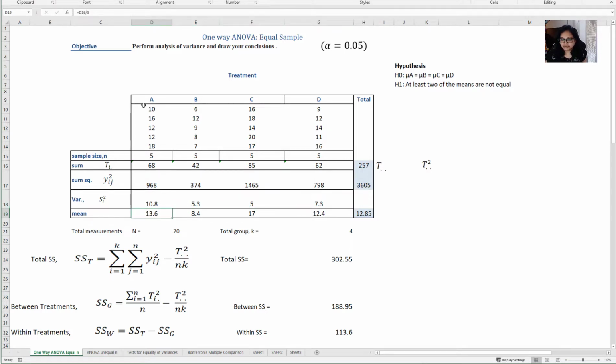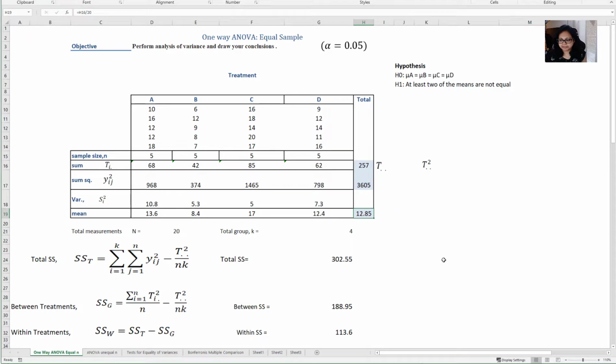I also found the mean for each group, treatment A, treatment B, treatment C. And then I found the total mean: if I take this total value divided by how many observations we have, that gives the total mean.